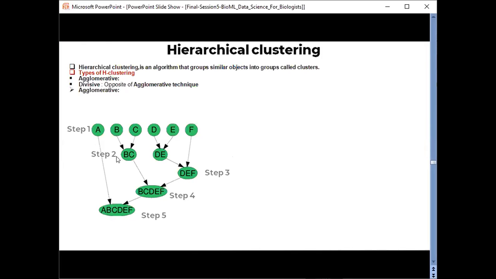So this is how agglomerative clustering works. It starts from all the data points to make a single cluster. The divisive approach is just the reverse of that. It considers all the samples clustered together first and then starts to divide each of these clusters.